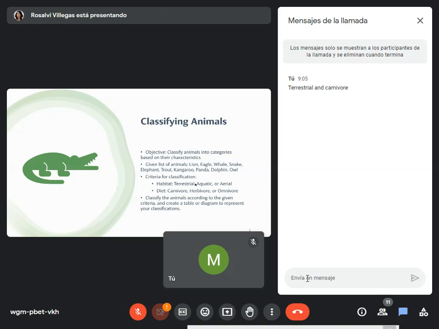The elephant? Terrestrial too, and I don't know if it's omnivore or herbivore. I think the first one. Okay, the following.